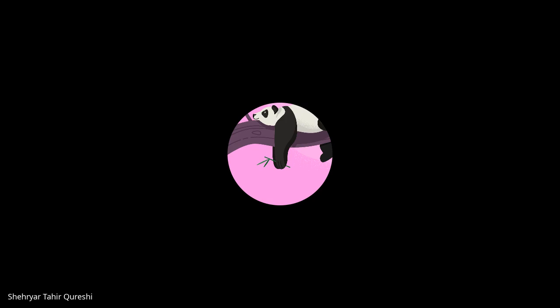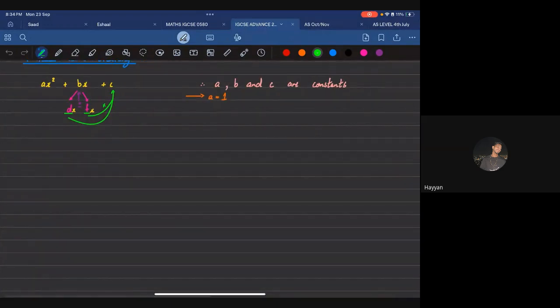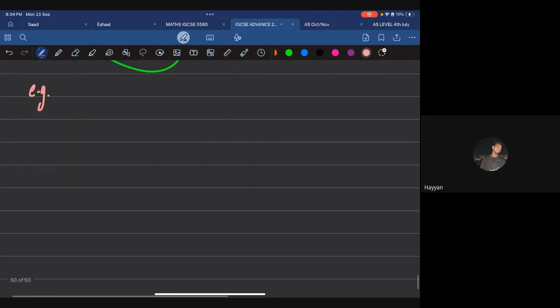So the example says, x squared plus 4x plus 3.